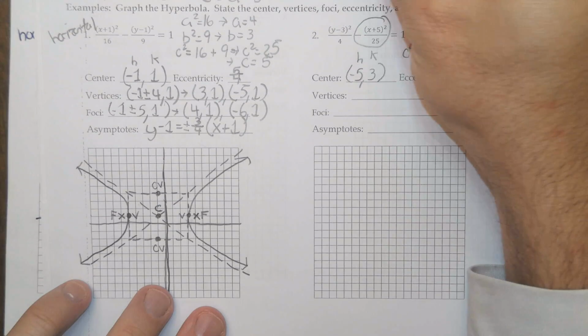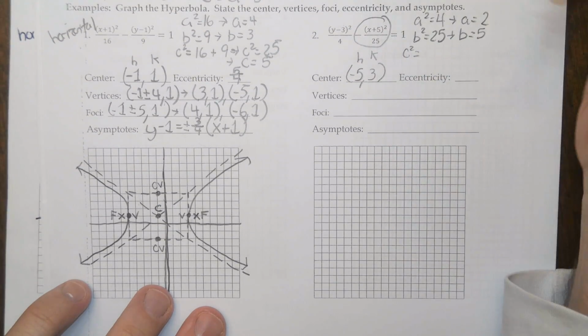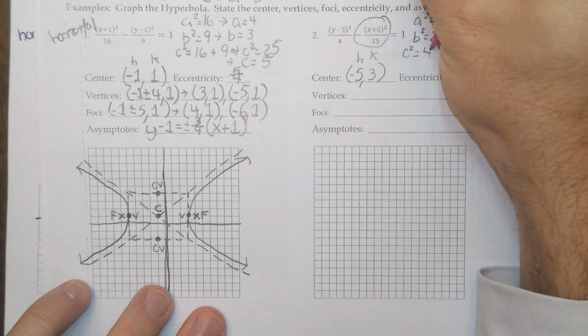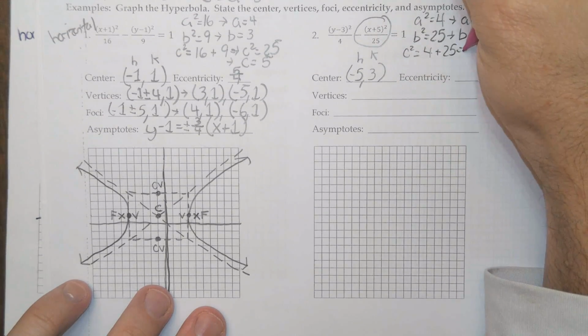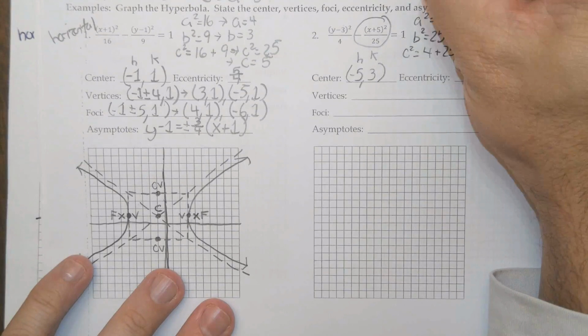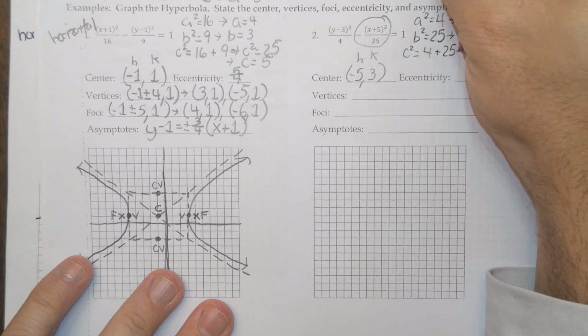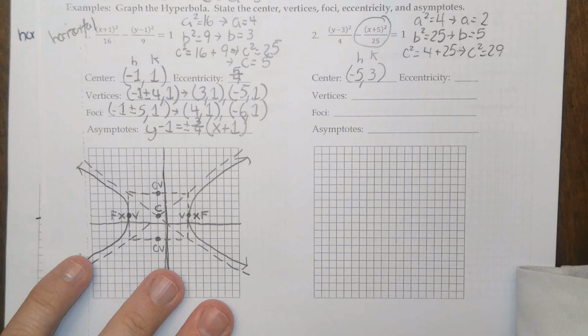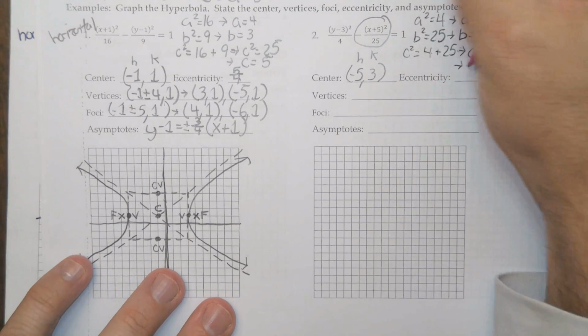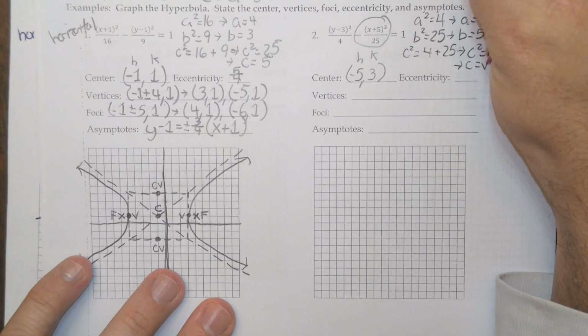We're going to set it up: C squared equals A squared plus B squared. So A squared was 4, B squared was 25, which then gives you that C squared is equal to 29.